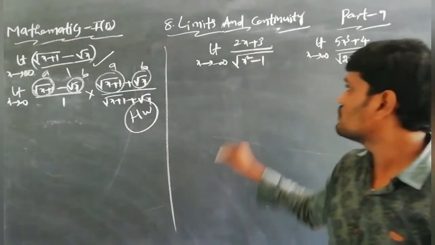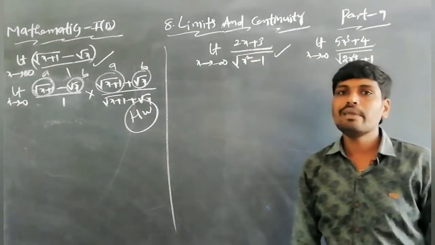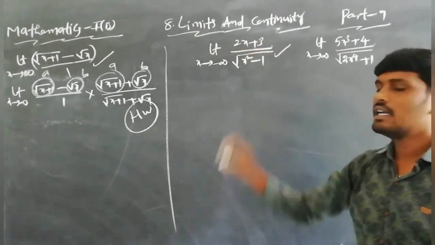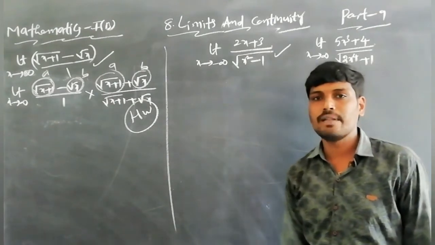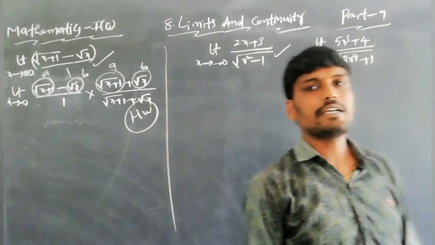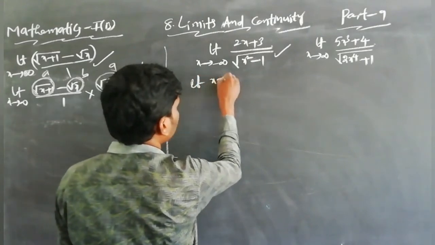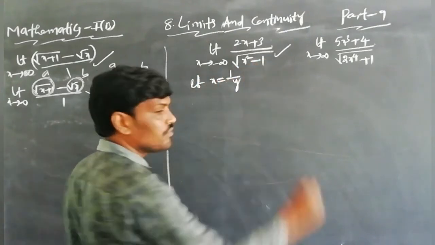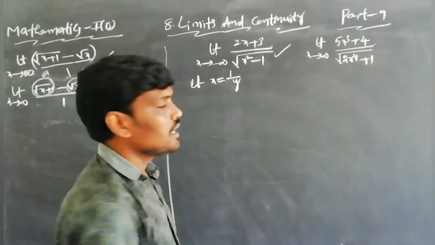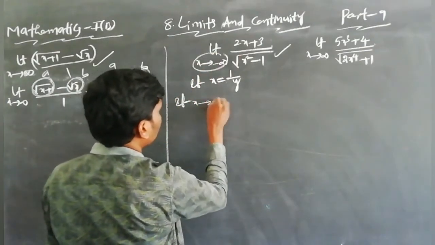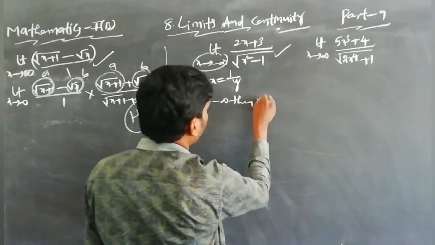Okay. Next one is limit x tends to minus infinity of 2x plus 3 by square root of x square plus 1. This is a direct problem. In this problem, you can write x is equal to 1 by y. If x tends to minus infinity, then y tends to 0.